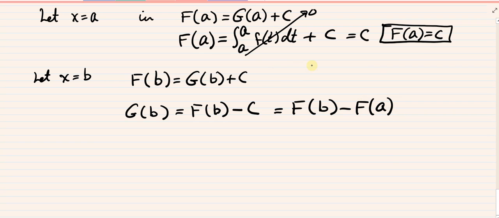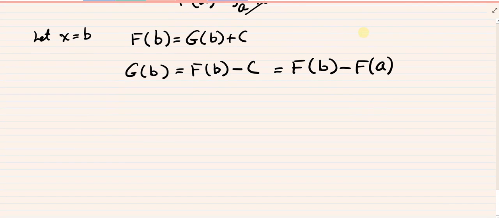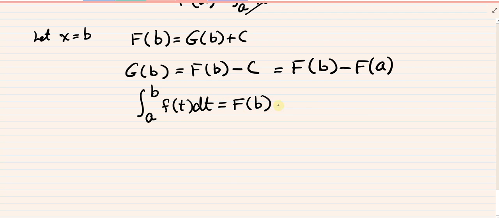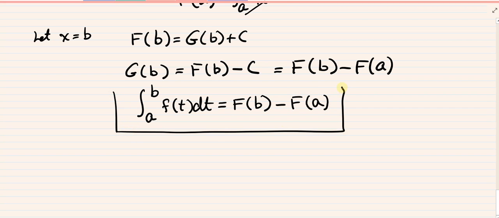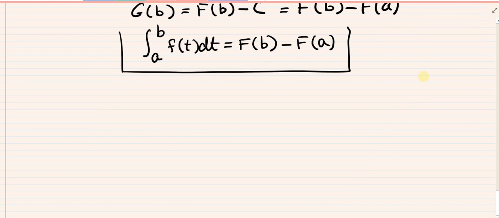Now g at b, from part 1 of the Fundamental Theorem, is the integral from a to b of f(t) dt, and that's equal to the antiderivative evaluated at b minus the antiderivative evaluated at a. And notice there is no constant of integration in this. And there we have it.